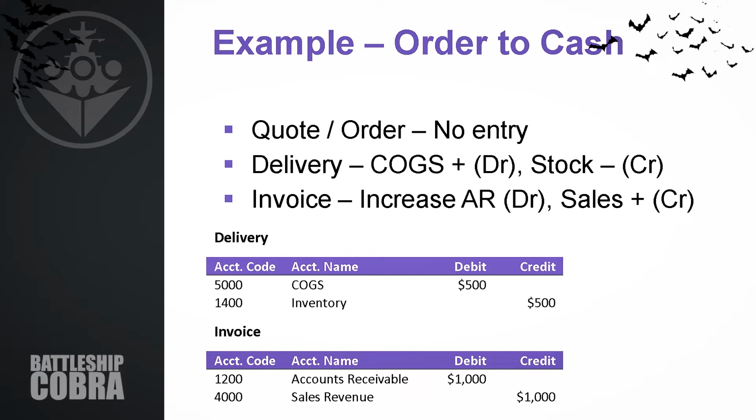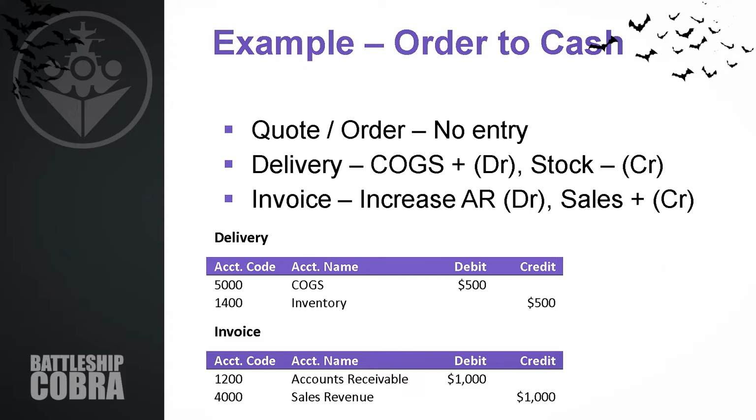No entry. Once you do the delivery, you are going to decrease your stock by crediting it because inventory is an asset. You own it. It's part of the business. It's not a revenue. It's not an expense. So you own stock. Stock, when you're increasing it, is a debit. And when you're decreasing it, it's a credit. So we're saying reduce our stock because we're selling it.